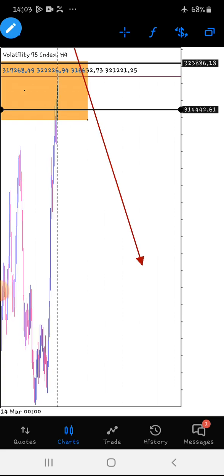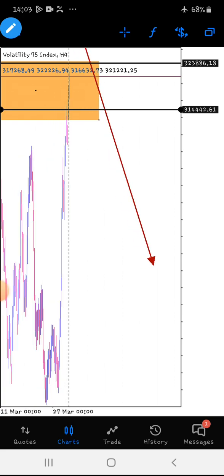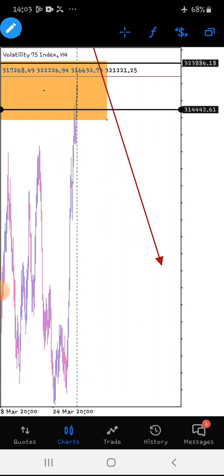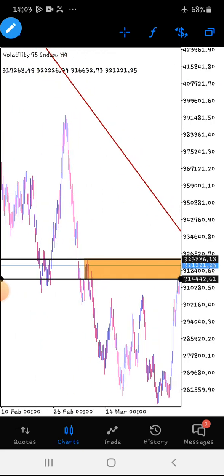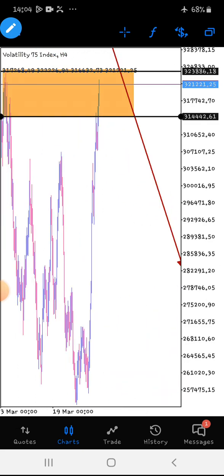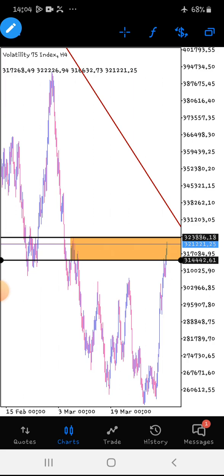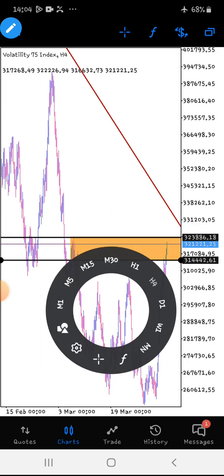So we have highlighted our zone very well. So what is the next step? The next step, we have to go down to H1.